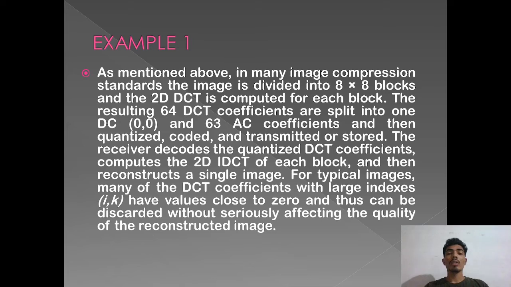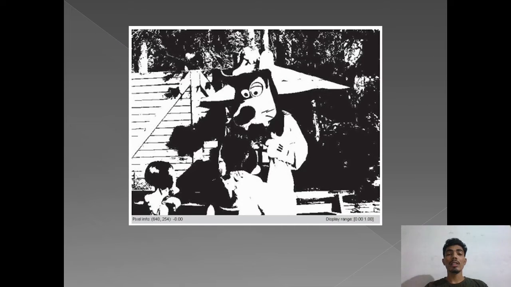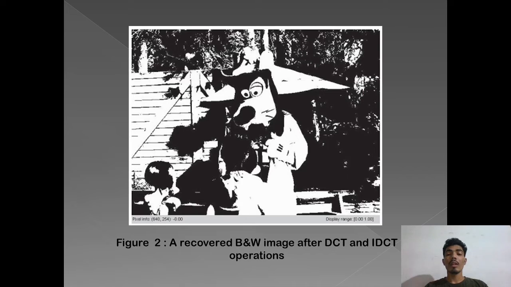The receiver decodes the quantized DCT coefficients, computes the 2D IDCT of each block, and then reconstructs the image. For a typical image, many of the DCT coefficients with large indexes i and k have values close to 0, and thus can be discarded without seriously affecting the quality of the reconstructed image. So when we apply the DCT and IDCT operations, the black and white image is turned into this image.